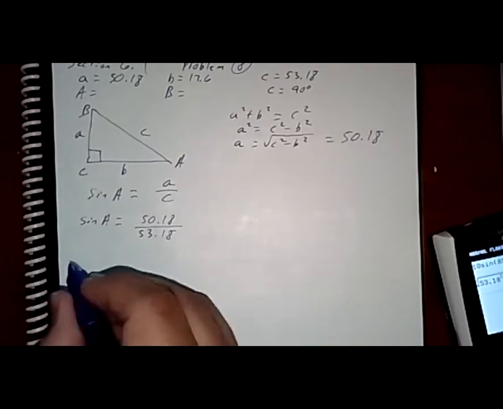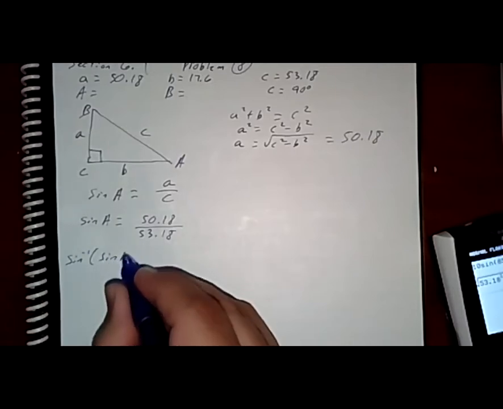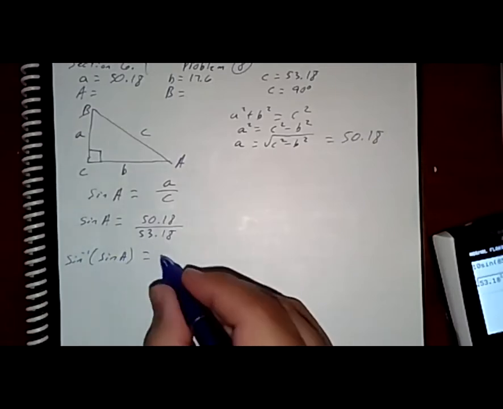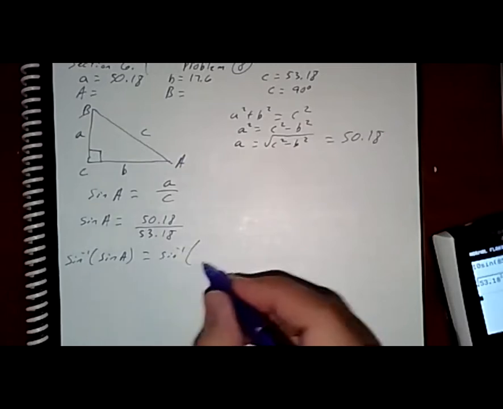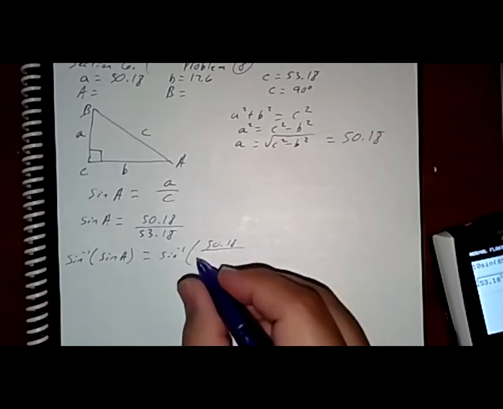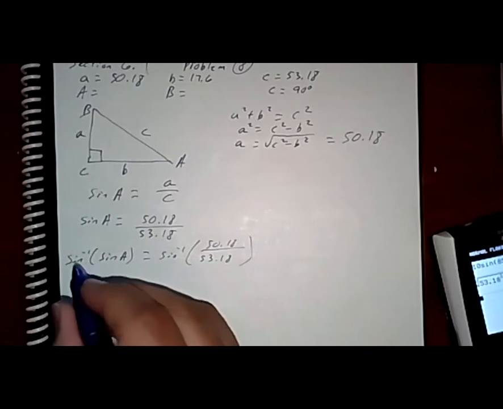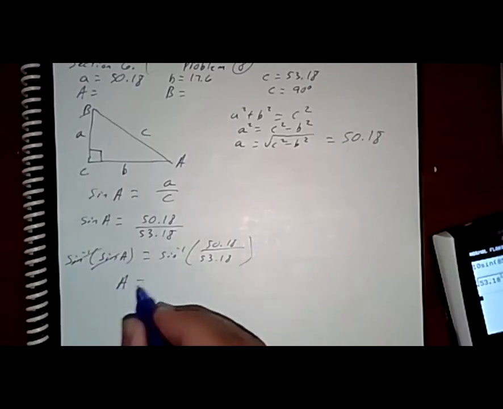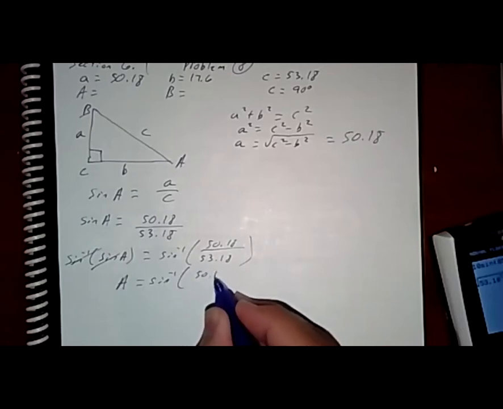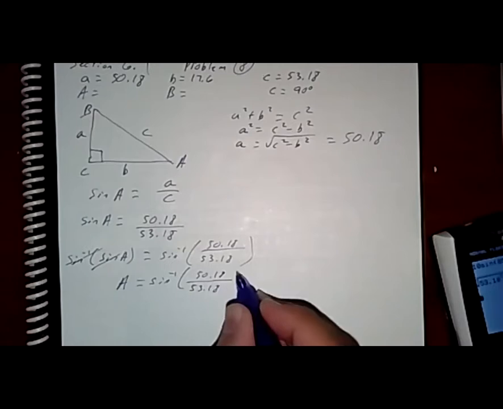And that's kind of where I stopped because I was getting really lost. So if we use the inverse functions, remember how we can cancel the functions? So sine inverse of both sides would cancel the sine for you. So A is equal to sine inverse of 50.18 over 53.18.